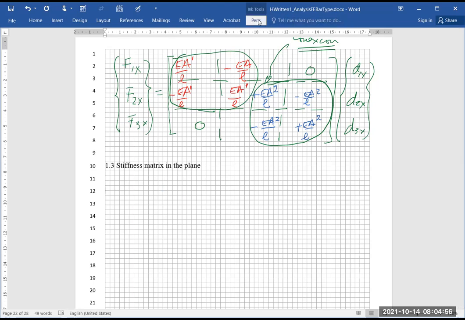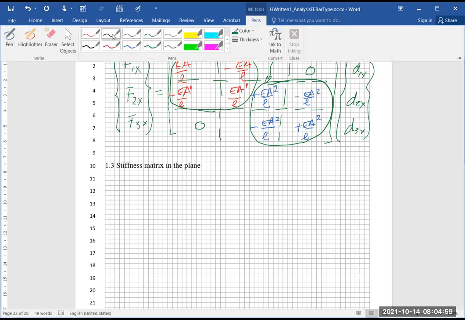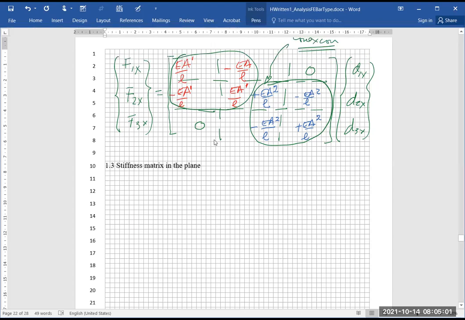Let me use, I think this is black. Okay. So let's suppose that we want to analyze something like this. We have joints here, here, and here. And of course, we have 1, 2, 3, 4 elements. If we want to analyze this one here, we see that this is local X for the first element.